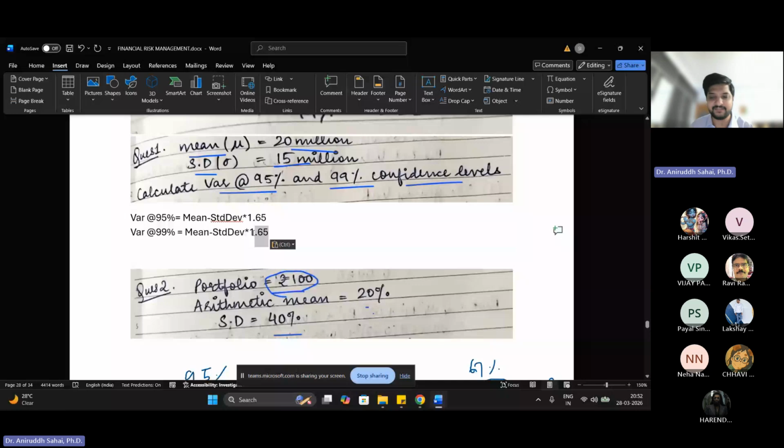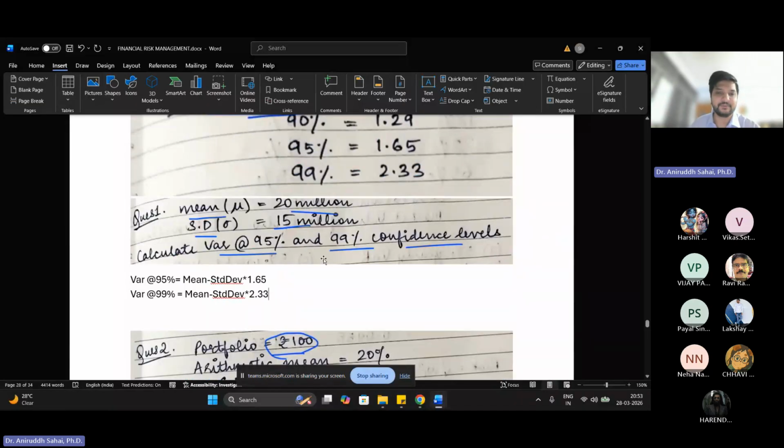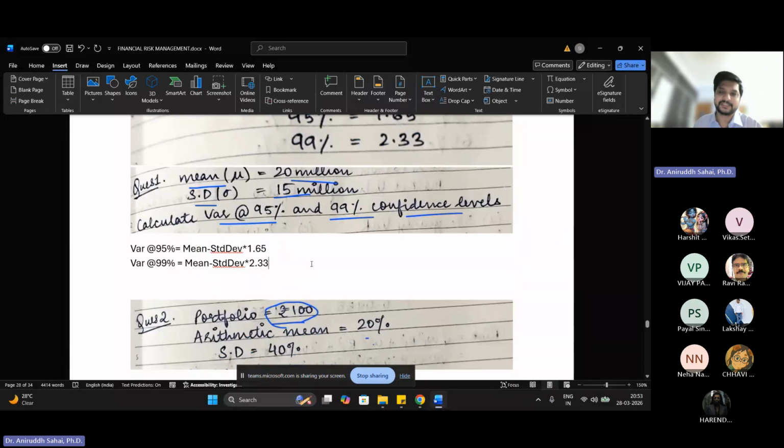And this, by the way, is one of the only actually difficult parts within this financial risk management subject in your final exam. This is the only tricky part that, if you're able to solve, you'll be able to score almost perfect marks.